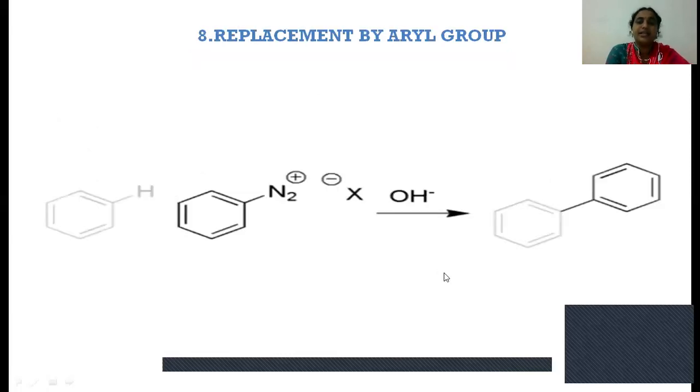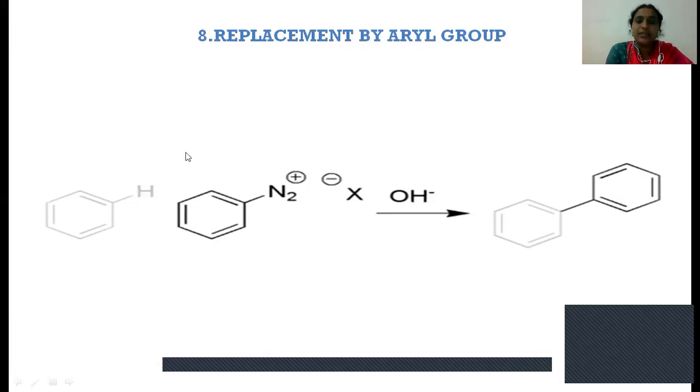And the next reaction is a coupling reaction, the replacement of the benzene diazonium group by an aryl group. Here, benzene reacts with benzene diazonium chloride in the presence of a base. This base, OH minus, first takes this benzene proton as H plus.